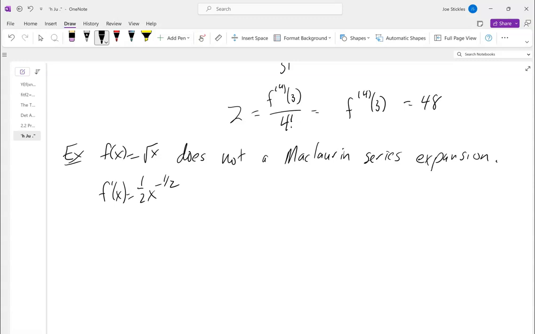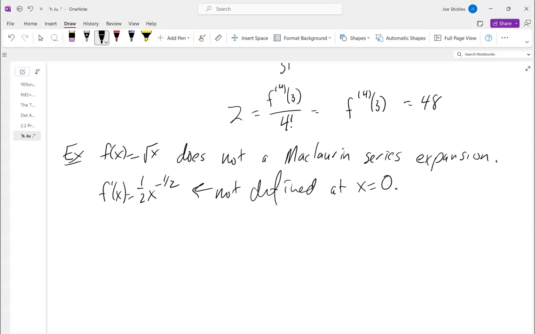Plug in the center, right? Because I needed the derivatives evaluated at the center. For Maclaurin series, the center is 0. Can I put 0 in there? No. Okay? That's why it doesn't have a Maclaurin series expansion. I cannot plug 0 into the derivative.